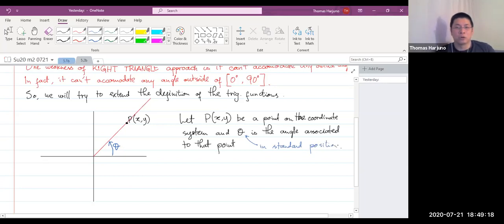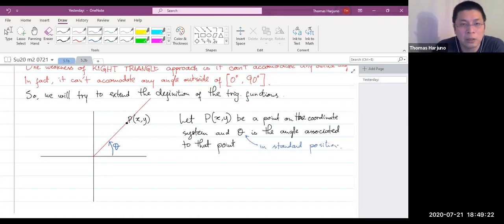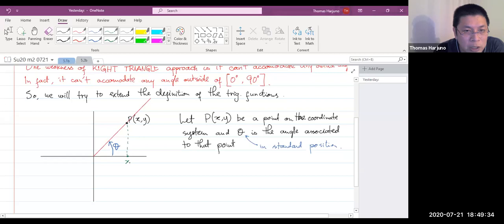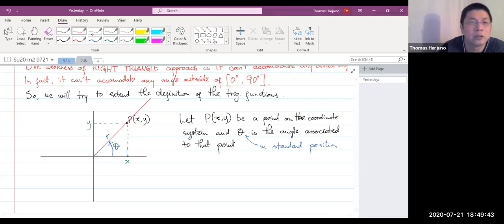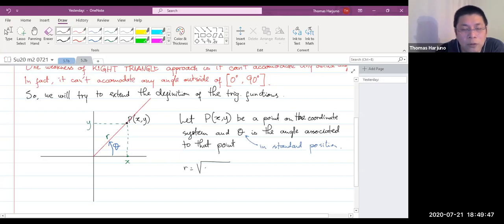Now notice that right now my theta is still an obtuse angle, so I can do it this way. This is the x, and this is the y. Let's call this the r, where the r equals the hypotenuse of that right triangle.